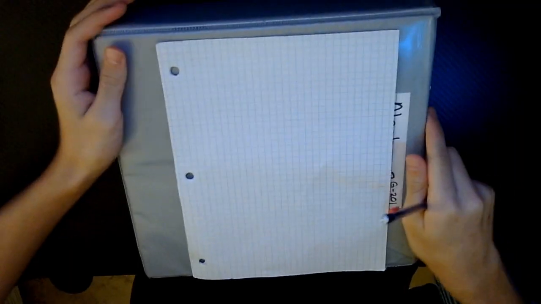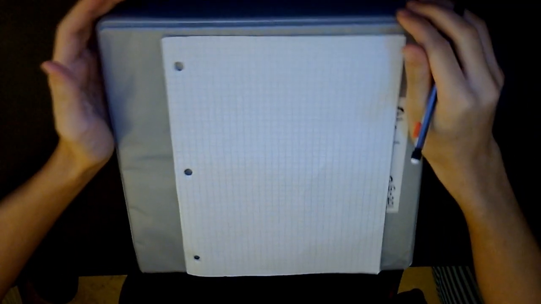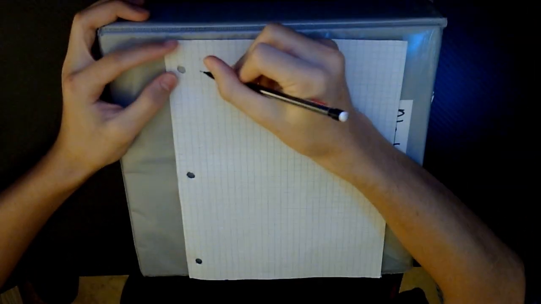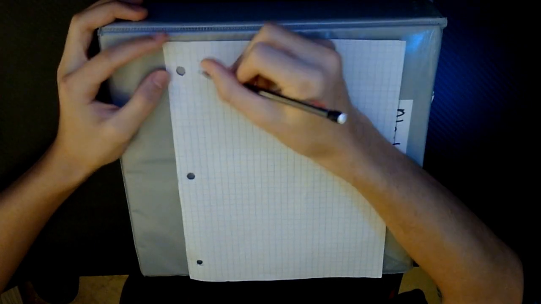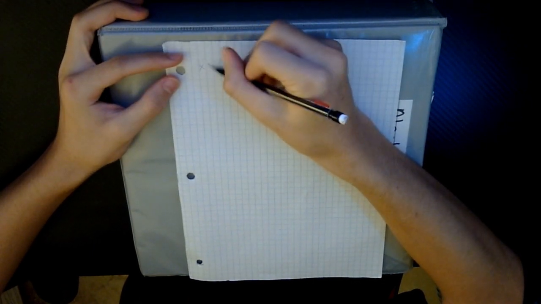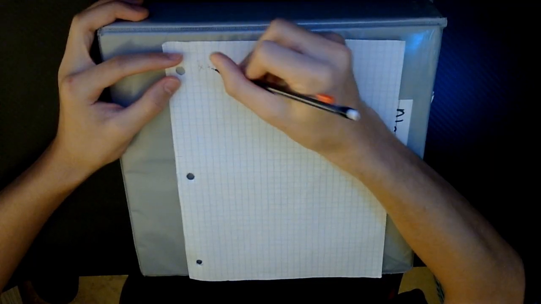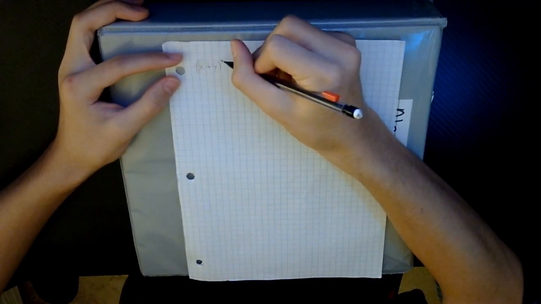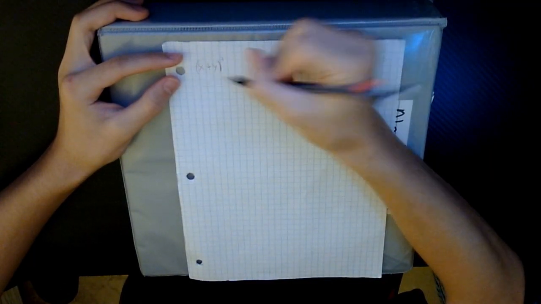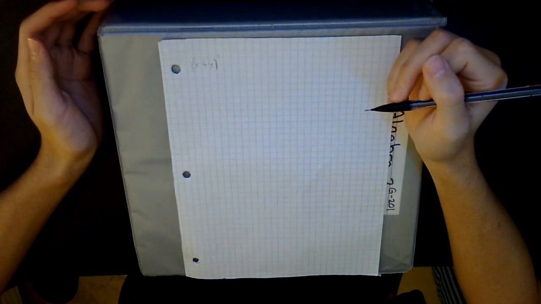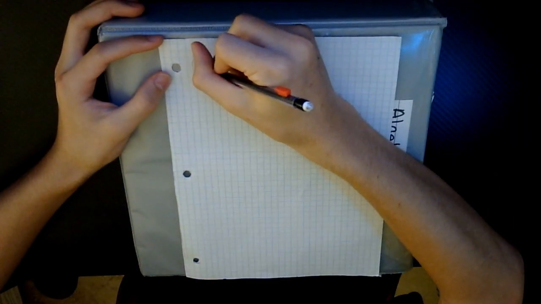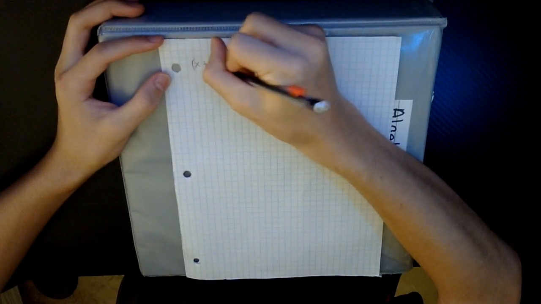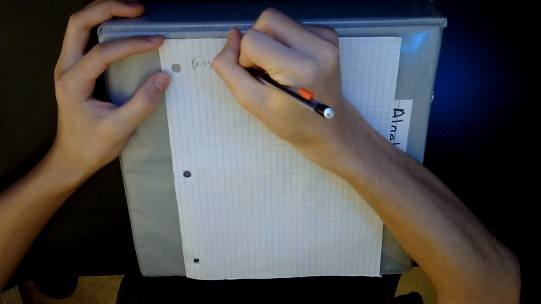Let's say we do something easy first, right? x plus y, and we'll do 3. The pastel triangle is fairly easy to do.